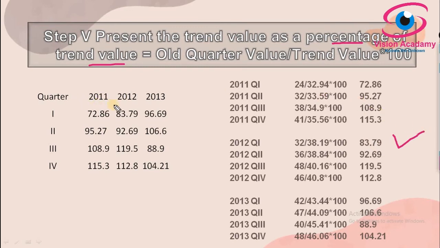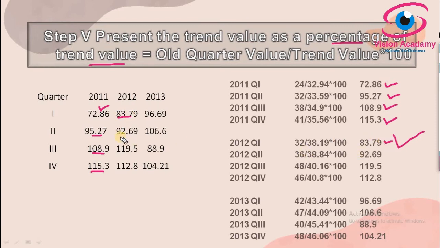We have inserted all the values of percentage of trend value. For 2011 quarter 1, 72.86 I have inserted here. For quarter 2 2011, 95.27 here. For quarter 3 2011, 108.9 here it is. And for quarter 4 2011, 115.3 here it is. And for 2012 quarter 1, 83.79 here it is.